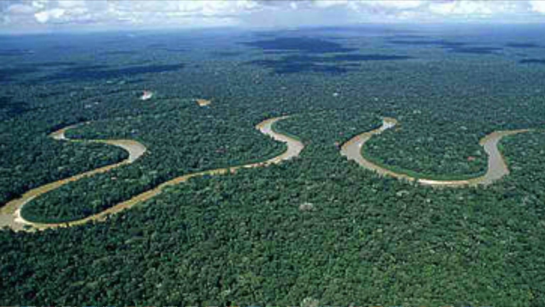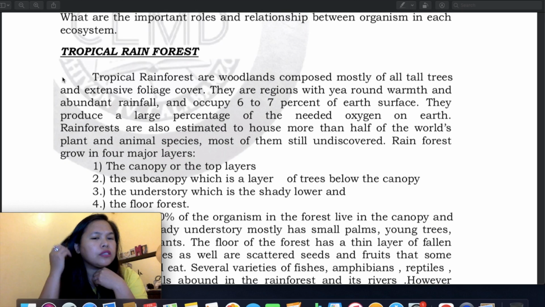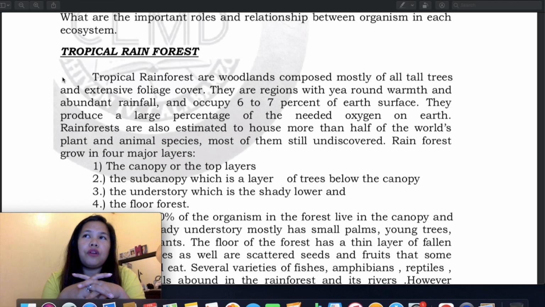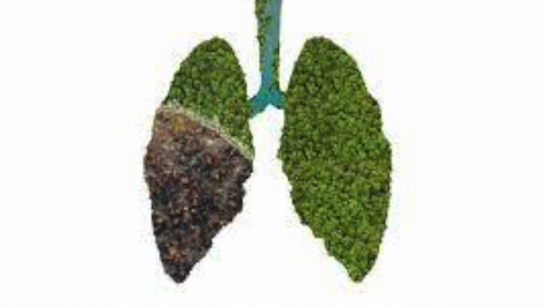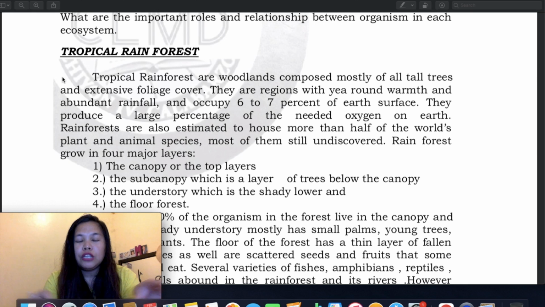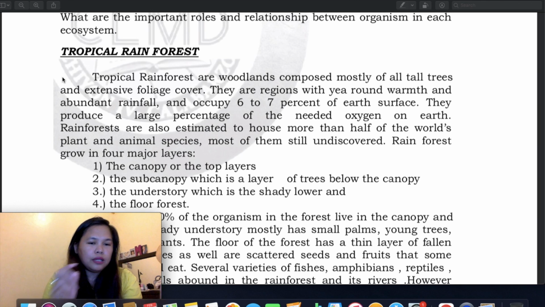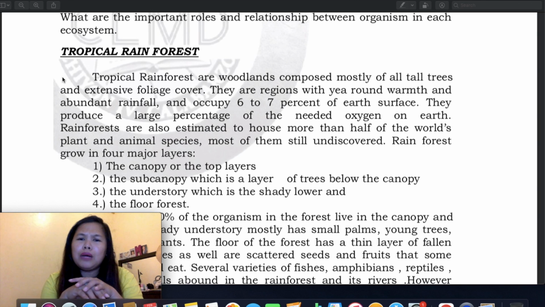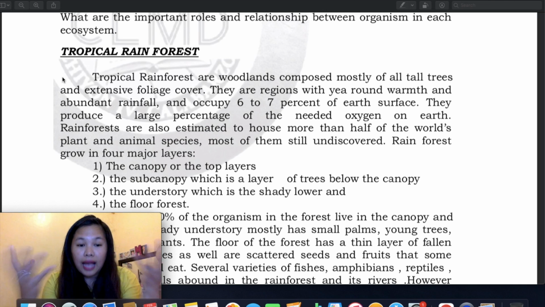Nabalitaan niyo 'yun. So I think sad siya kasi yung Amazon rainforest kasi is siya yung lungs sa ating earth. Ibig sabihin, siya yung pinakamaraming na-produce na oxygen sa buong mundo. Kasi napakadami niyang siya yung nag-absorb din ng mga carbon dioxide, yung mga unnecessary particles na gas sa ating environment.